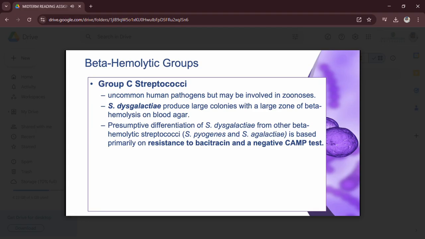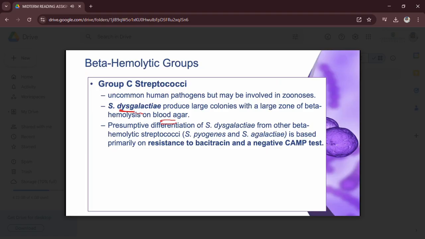Next, we have your group C Streptococci. Under this, we have S. dysgalactiae. This organism produces large colonies with a large zone of beta hemolysis on blood agar. Infections from this species account for less than 1% of all bacteremias. Take note that members of this group can cause pharyngitis, endocarditis, and meningitis.